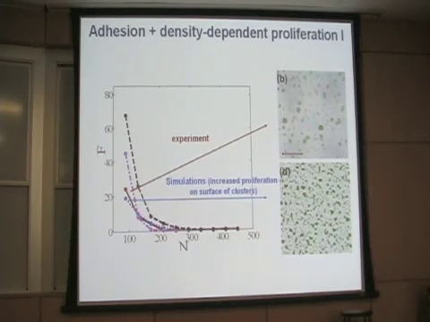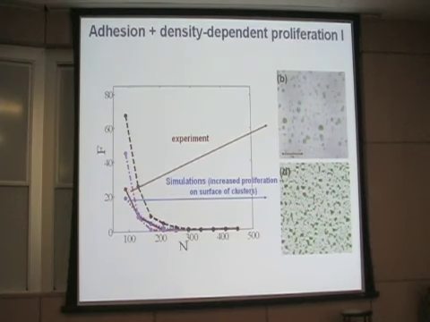So this is the experiment and those are simulations. And so you can find parameters both for wild type cells which remain homogeneous and mutant type cells which cluster.